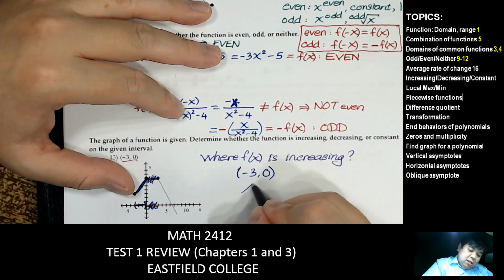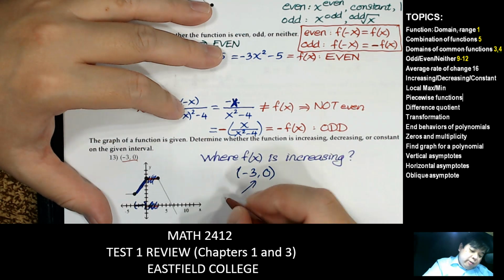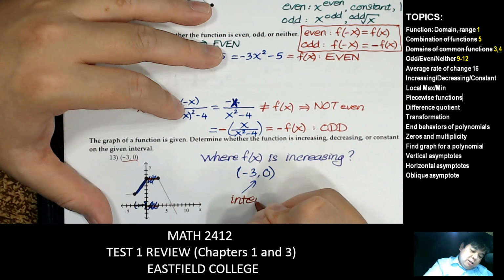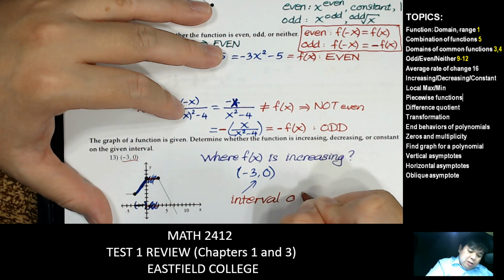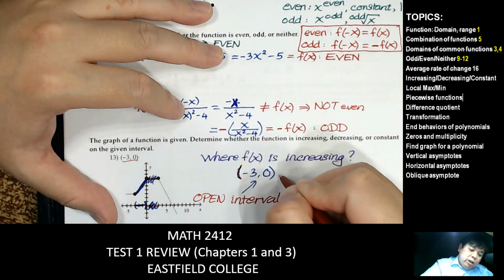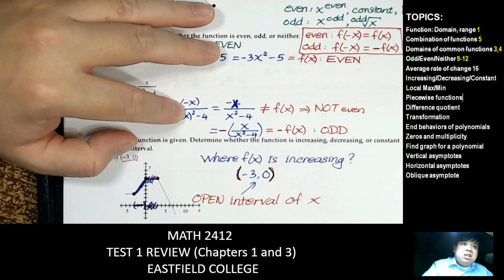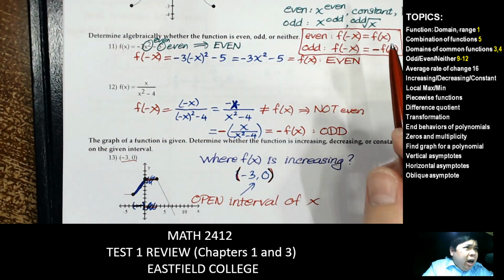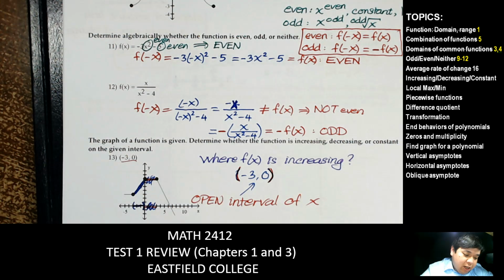So we say -3 to 0. Notice that this is an interval of x, or we should say an open interval of x, meaning it's always going to be parentheses.